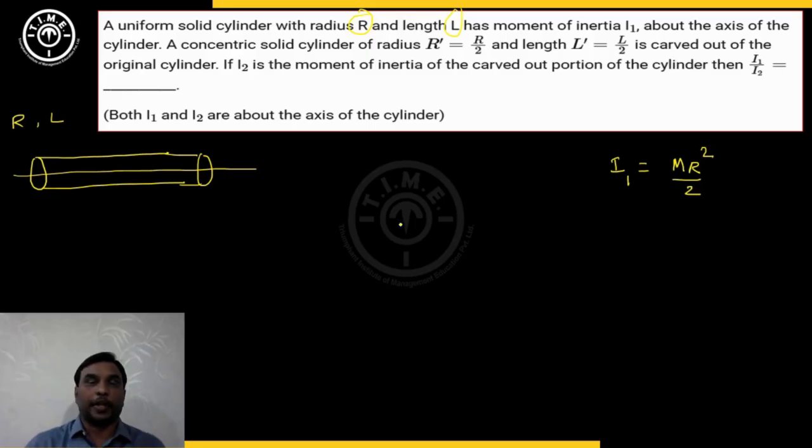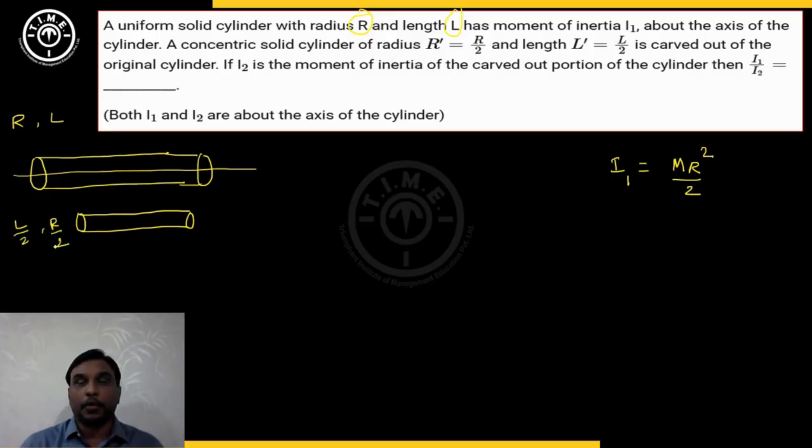A concentric solid cylinder of radius R by 2 and length L by 2 is carved out, meaning this much part is carved out from the given cylinder, whose length is L by 2 and whose radius is R by 2.